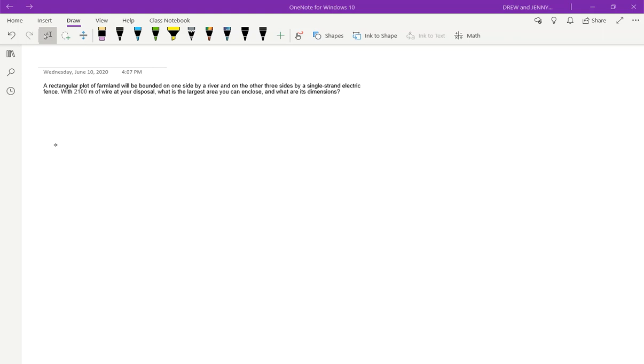We have a rectangular plot of farmland. All right, so something like that.